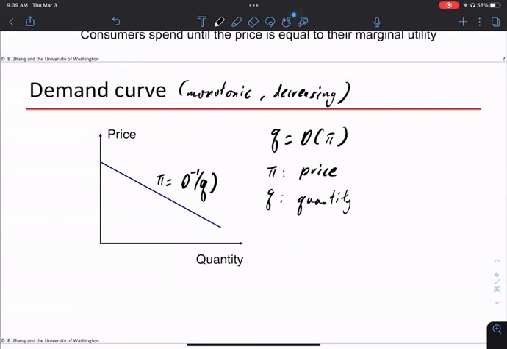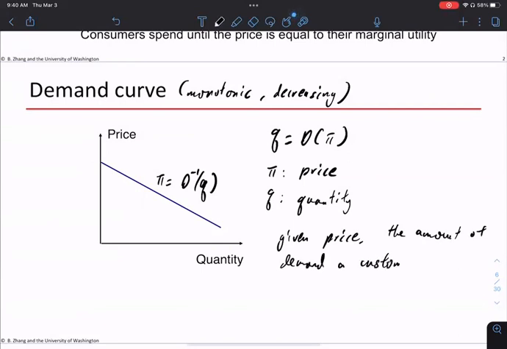Given a price, it is the amount of demand that the customer is willing to buy.